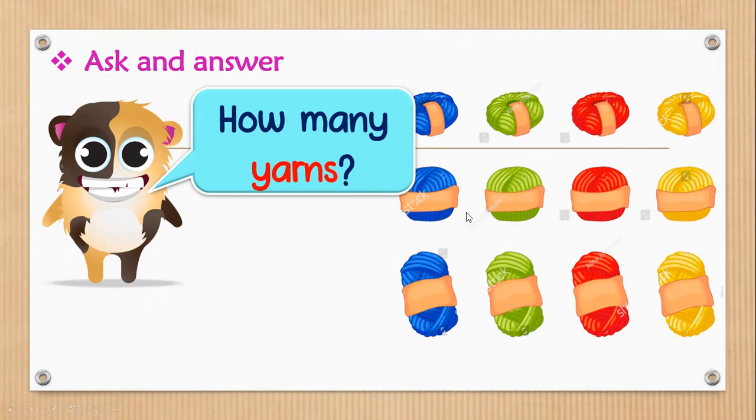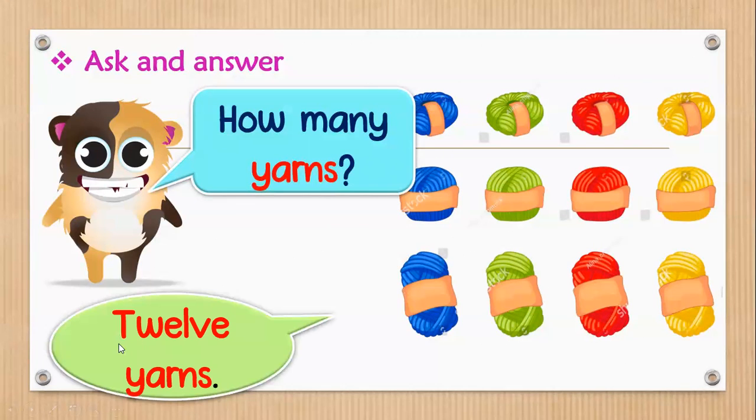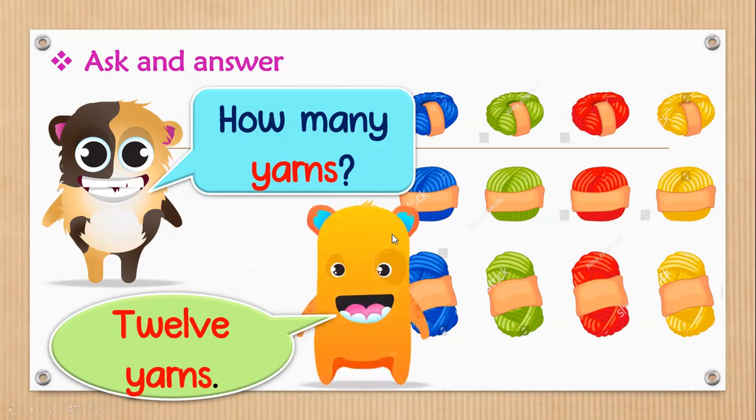We can count together. 1, 2, 3, 4, 5, 6, 7, 8, 9, 10, 11, 12. What is the answer? The answer is 12 yarns. Now our friend is saying the answer, 12 yarns.